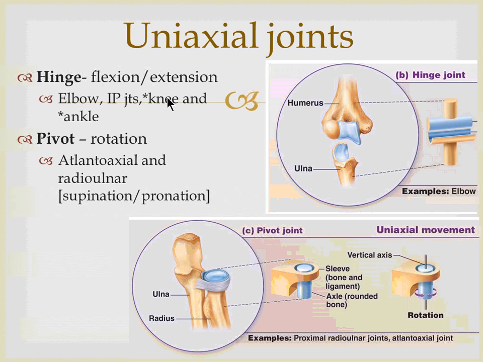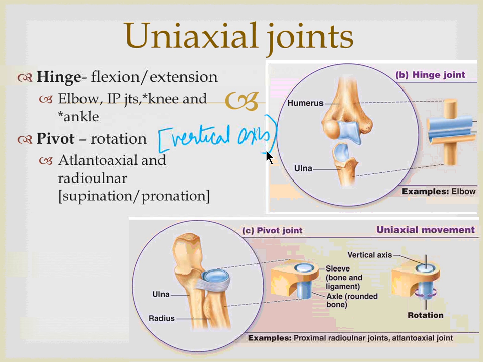The pivot joint is also an example of a uniaxial joint, but here the movement it allows is rotation, which occurs along which axis? Vertical axis. Remember that ice skater, right through the center, and that's how she's rotating, spinning around. Pivot joint is a vertical axis.